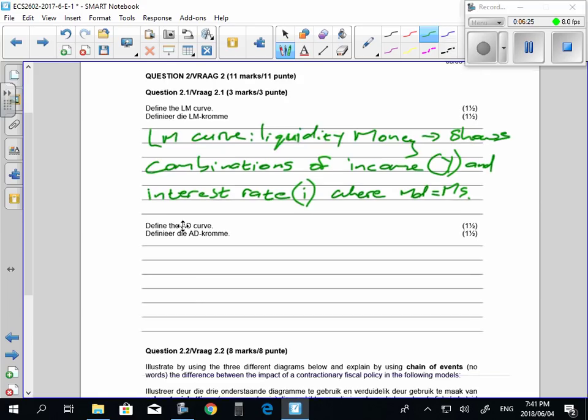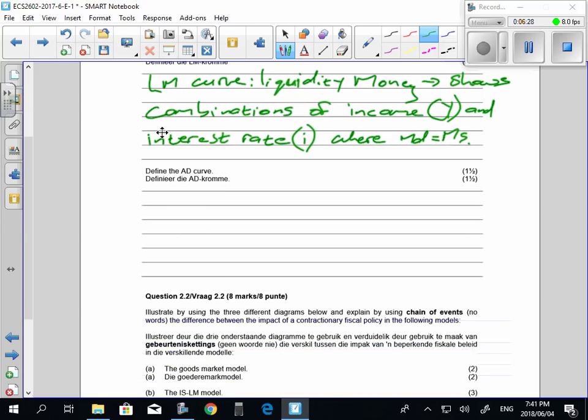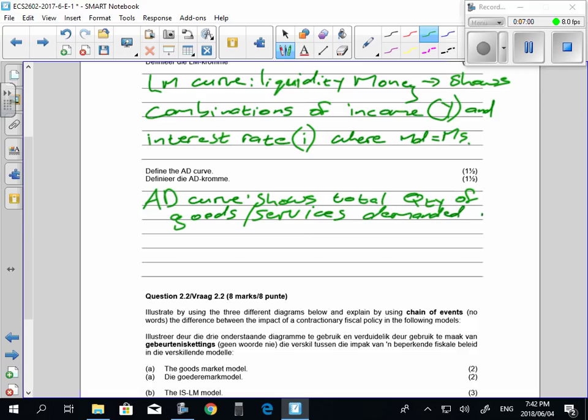Define the AD curve. Now, the ADAS model, aggregate demand and aggregate supply model, the AD curve shows total quantity of goods and services demanded at different price levels.